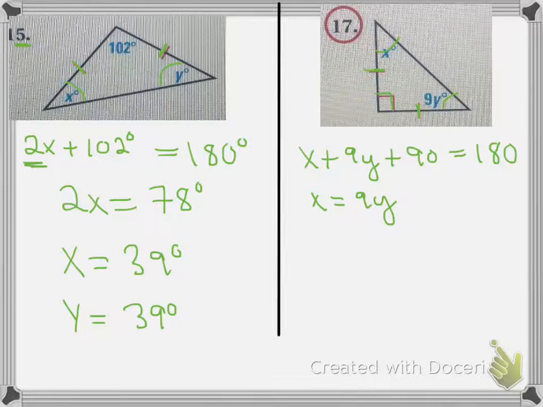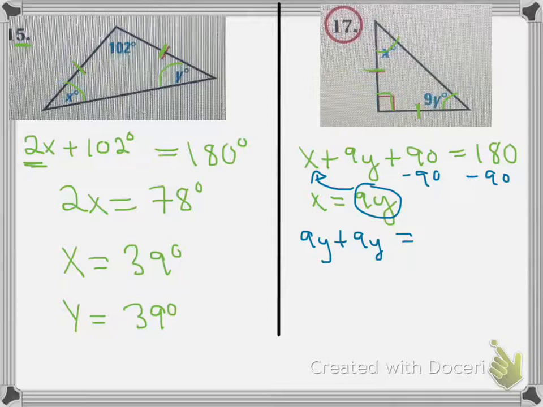So now we have a little bit of a system, but it won't be too bad. So let's change colors here and make it blue. So then we can say that we're going to substitute this 9y in for x and say that 9y plus 9y equals, and then I'm just going to subtract 90 from up here. Say that that's equal to 90 degrees.